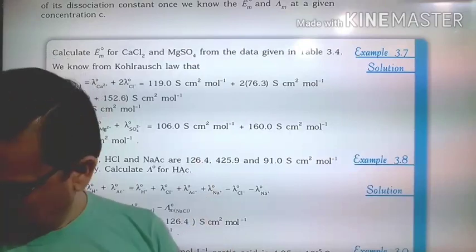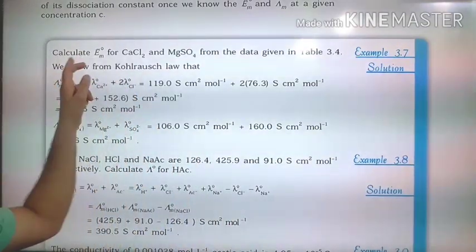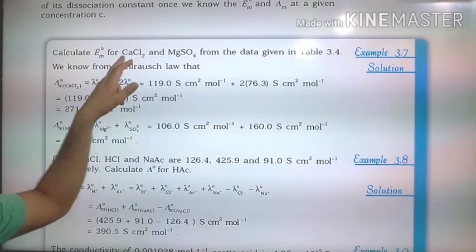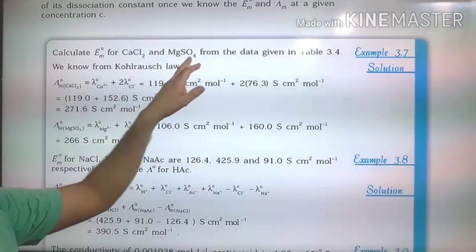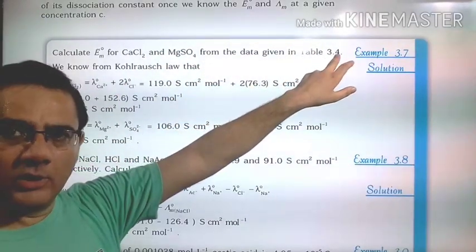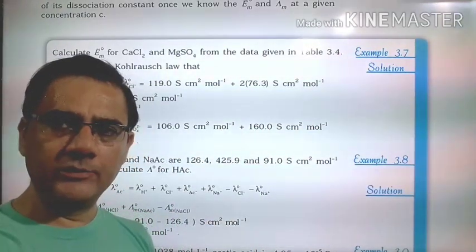See, this is the example number 7 in your NCERT book. Calculate the limiting molar conductivity for calcium chloride and magnesium sulfate from the data given in the table 3.4. So let me show the table also, so you can get an idea how the values will be given to you.